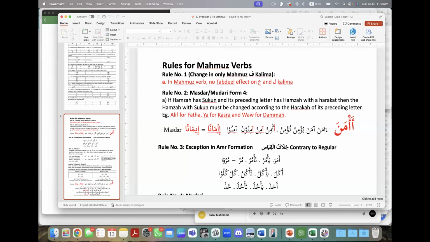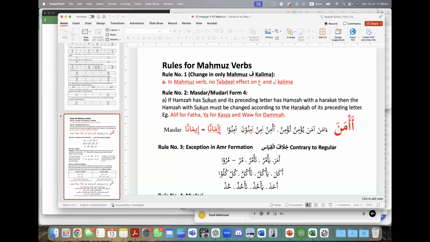Now here, as you saw the rule, if the preceding letter has got fatha, it will take that long sound: amin, aminu, aminuna, plural, aminu if needed.